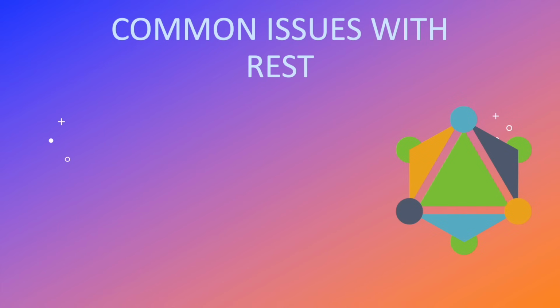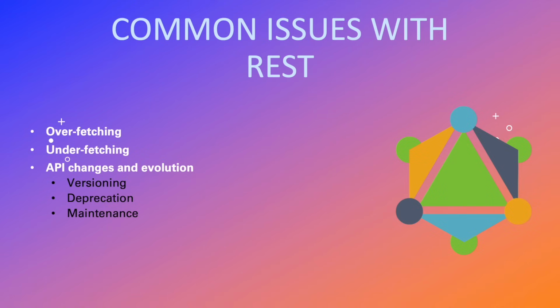Let's move ahead. What are the common issues with REST? Overfetching. When a service is being served to multiple platforms, there might be a situation that one platform doesn't require a few fields which are being served to the other platform. Consider apps like Facebook, Twitter, LinkedIn, or many other apps which are supplying millions of data per minute. For them, if even 10 fields are coming extra every minute, it's 10 multiplied by 1 million.